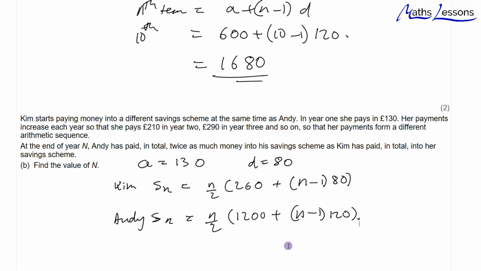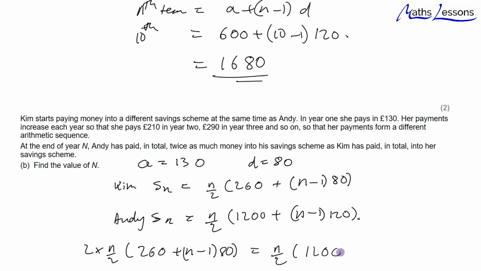Okay, and we know that at the end of year n, Andy's paid in total twice as much money as Kim has paid. So we're going to double this, and it'll be equal to this. So 2 times n over 2, open brackets, 260 plus n minus 1 times 80 equals n over 2, brackets 1200 plus n minus 1 times 120.